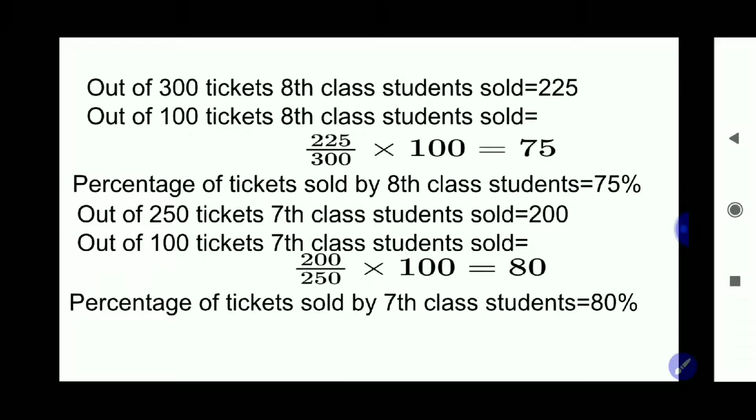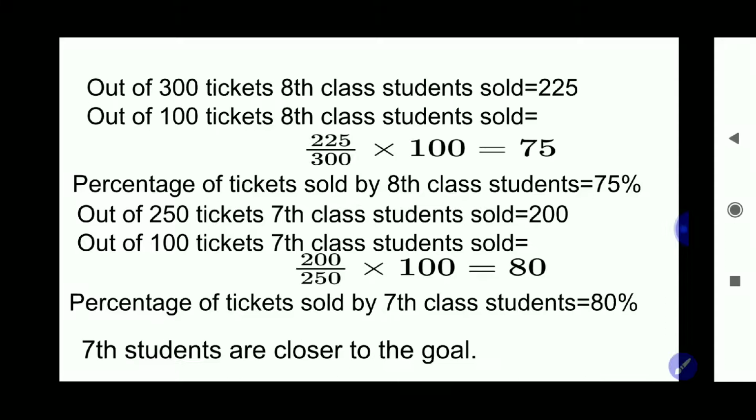That means the percentage of tickets sold by 7th class students is equal to 80%. Now observe, 8th class students 75%, 7th class students 80%. Hence, 7th class students are closer to the goal.